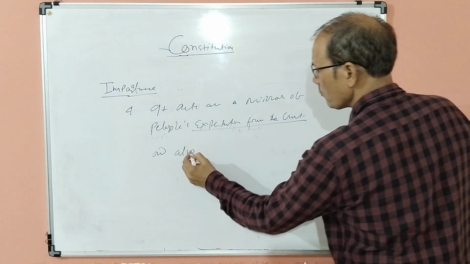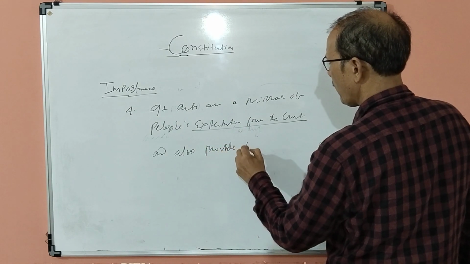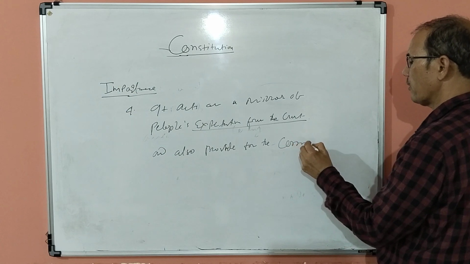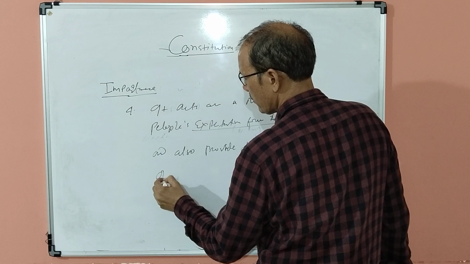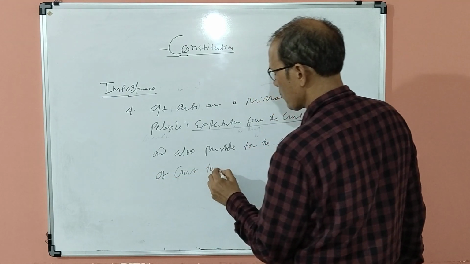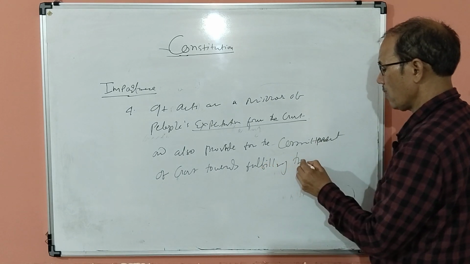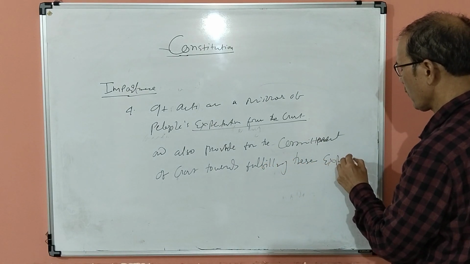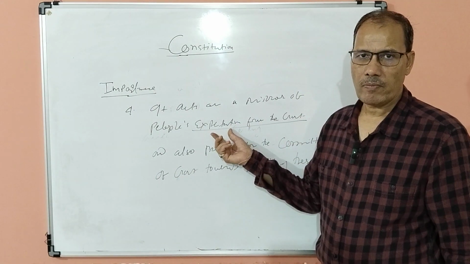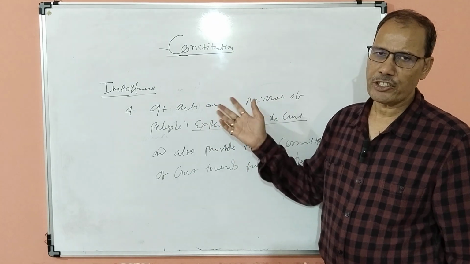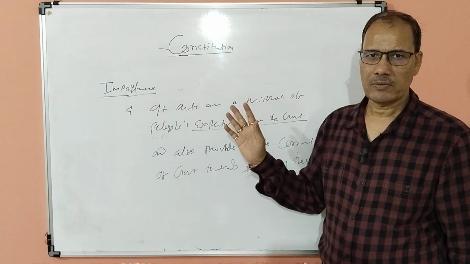It also provides for the commitment of the government towards fulfilling these expectations. The expectations of the people from the government are mentioned in the directive principles of state policy chapter.